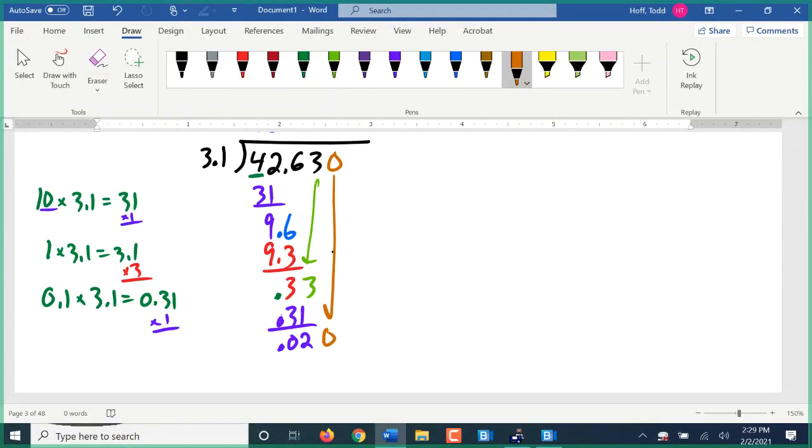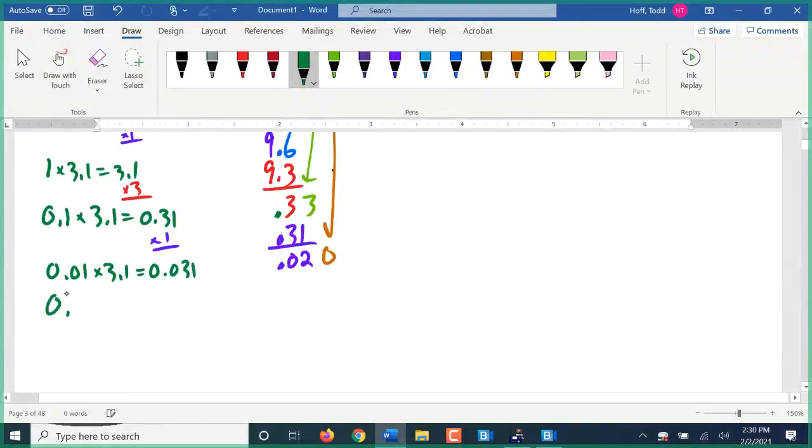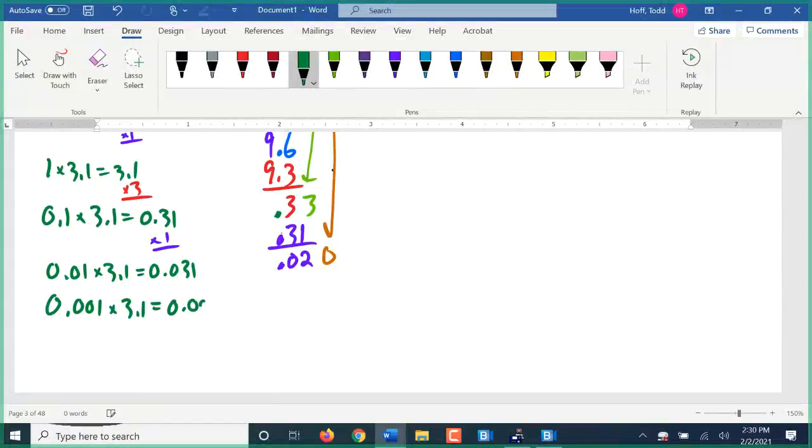Well, even if I go to the 100th here, 0.01 times 3.1, 0.031, that does not go in there. I can go to the 1,000th, 0.001 times 3.1 is 0.0031. That will go in there 6 times. So that's 0.0186.